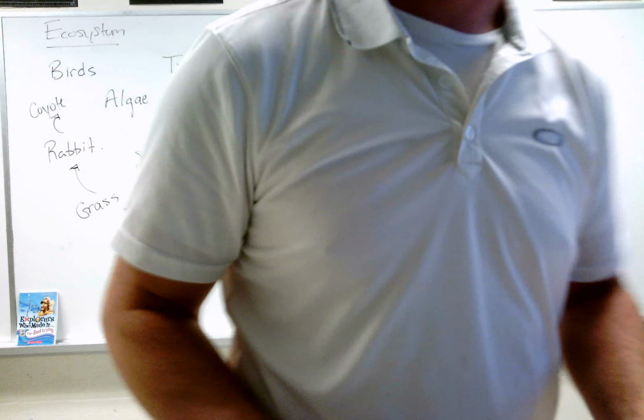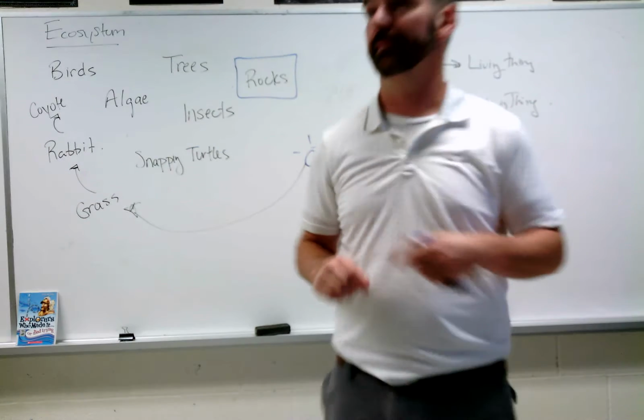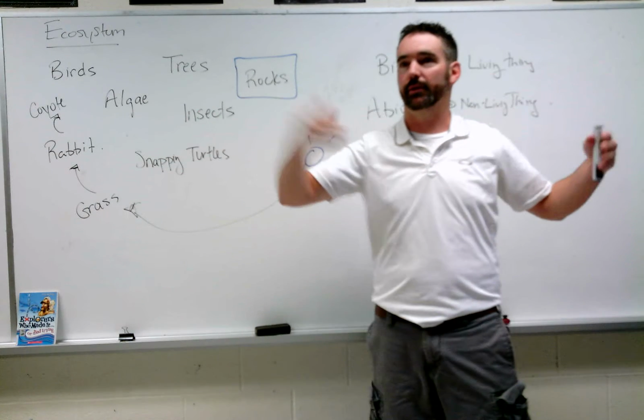Nope, that would be more than a straight line. Yeah, it's called a food chain. Okay, because there's links and everything is passed from one to the other to the other.